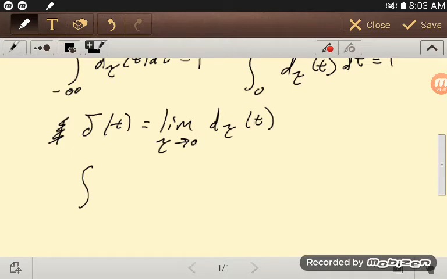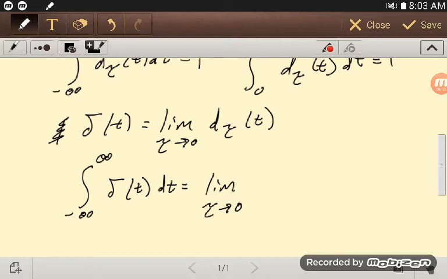If I take this integral from minus infinity to infinity of delta of t dt, well, I can bring that limit outside, so that's just the limit as tau goes to 0 of the integral from minus infinity to infinity of d tau dt.